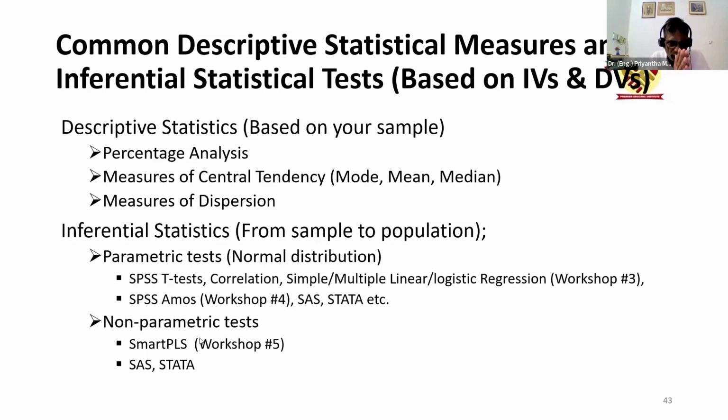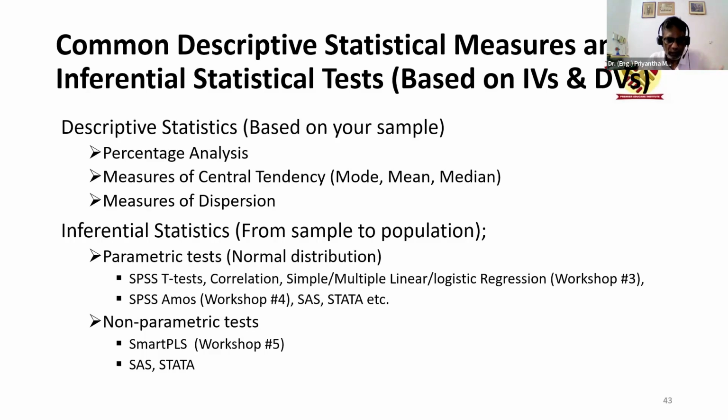Now I have to come to this one. Non-parametric test means if you don't have normal data. This is a little bit technical, but I have to tell you, my daughters and sons. When you collect your data, you will not always get your data normally distributed. Then you have to talk to your supervisor, and then you will have to go for the non-parametric test.